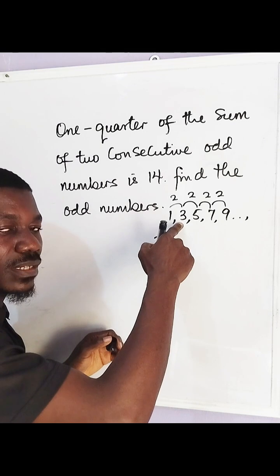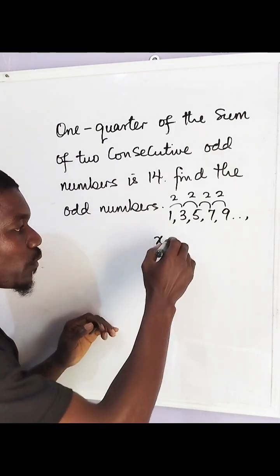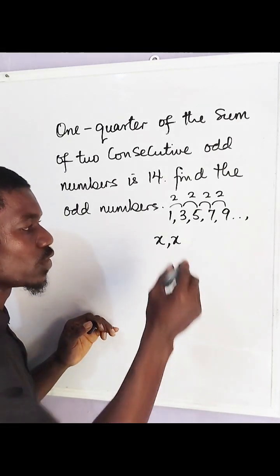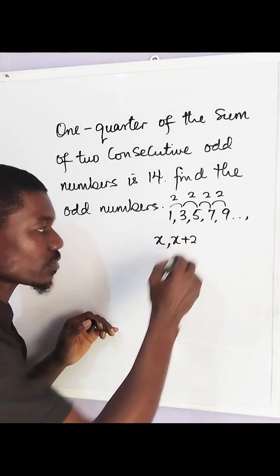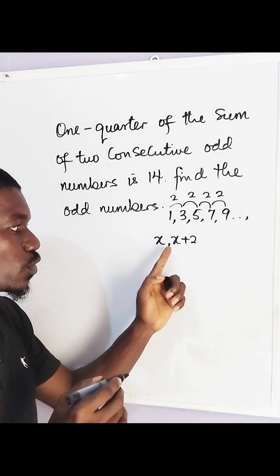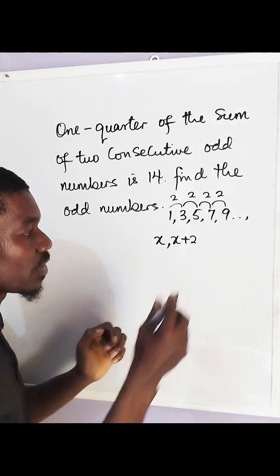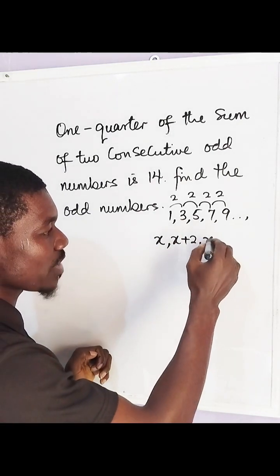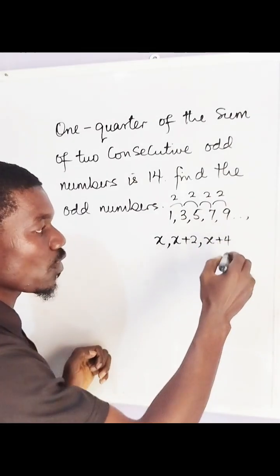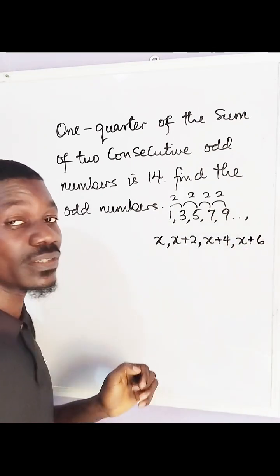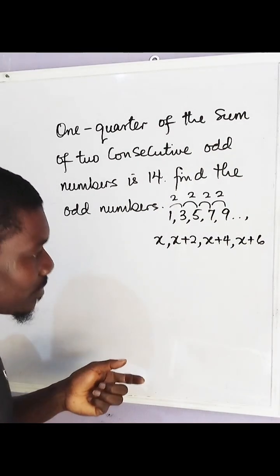So if we represent 1 as x, and we take 1 away from 3, that will be x, and we are left with 2. So we can add 2. Here is 1, so 1 plus 2 gives us 3. The next one is x plus 4, and the next one is x plus 6.